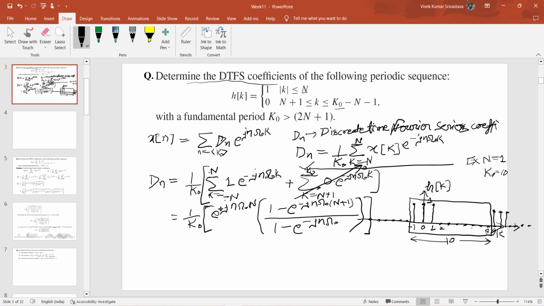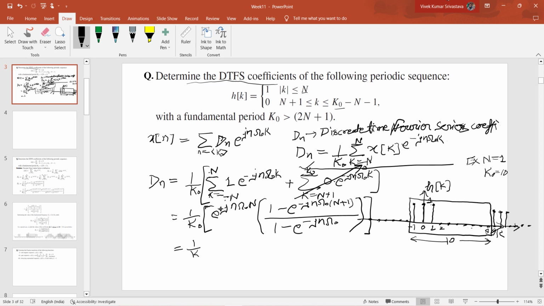So I am taking here e raised to the power minus j n rho naught n plus 1 by 2 as a common factor from this expression, and from the denominator I will take common e raised to the power minus j n rho naught by 2.